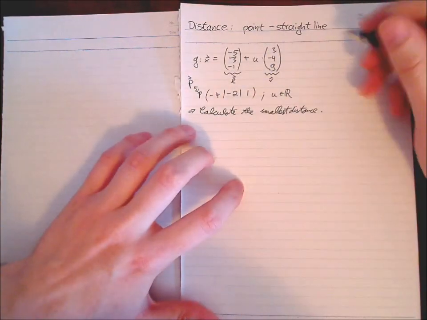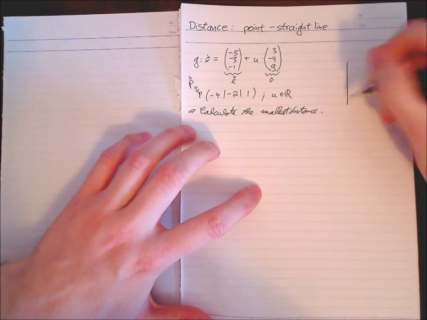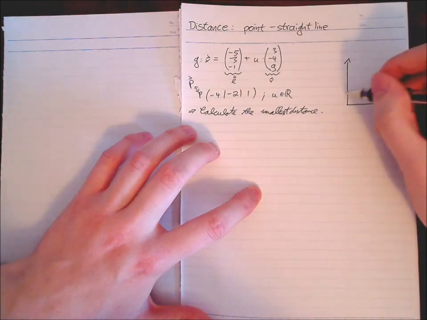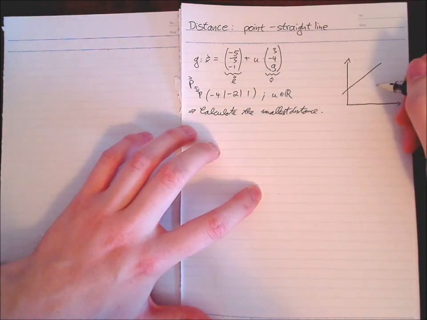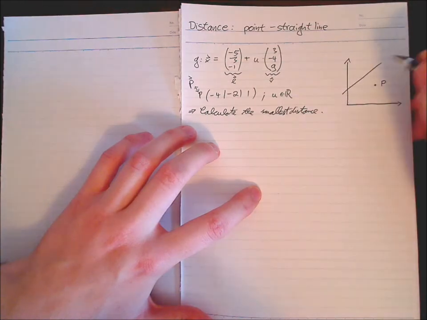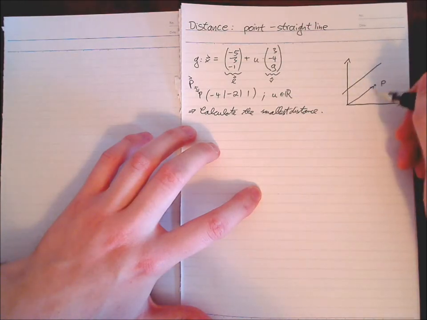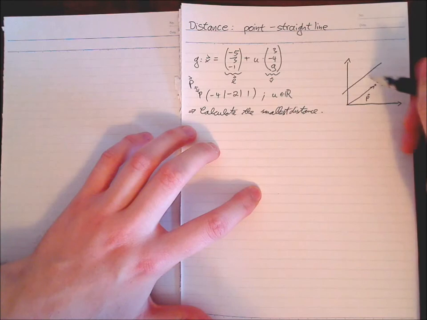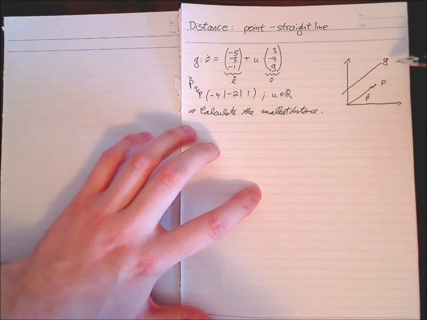So maybe I can draw a picture for you so that it's easier to understand. We have our straight line here, and we have our point, which we call P, and the according vector we also call P for this point, right? And we want to calculate the smallest distance between our straight line G and the point.